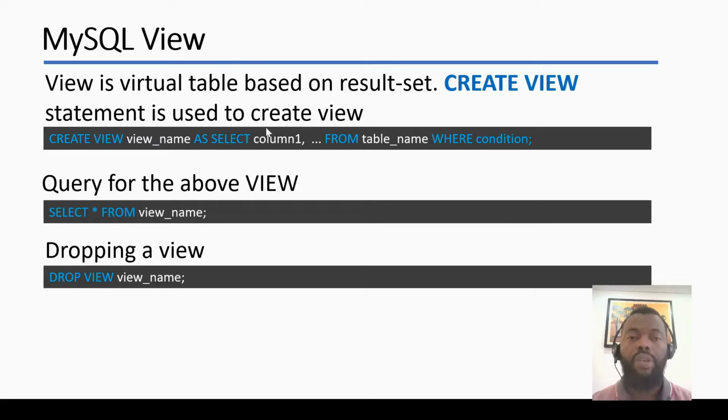For this case, we can create views at the database level, and as we have this view, we can simply call it as a simple statement. Also, we can drop a view using the drop view statement, followed by the name of the view.